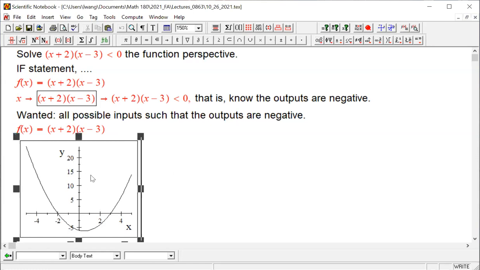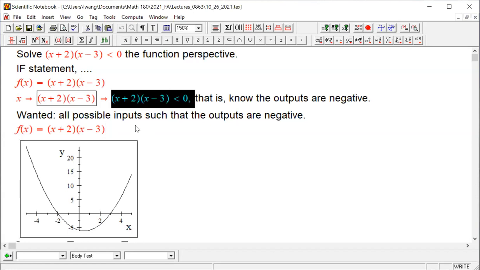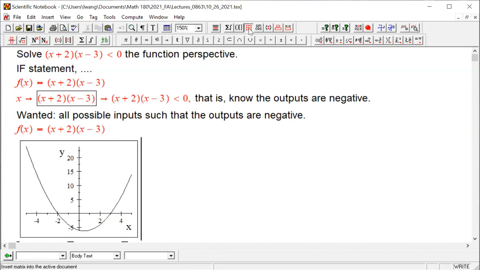You set output equals 0, right? We have talked about those many times. We have done those functions, finding the x-intercept and y-intercept for many of them. So how do you find the x-intercept? Well, the output is 0. What happens if the output is 0?